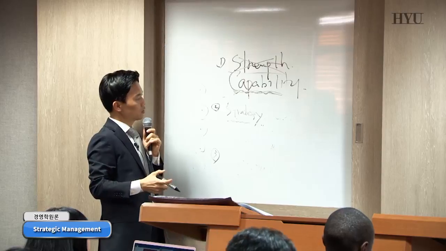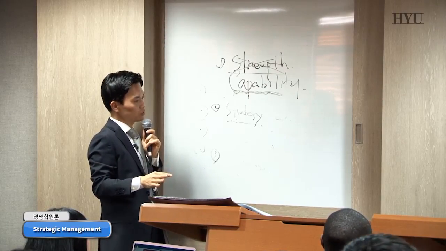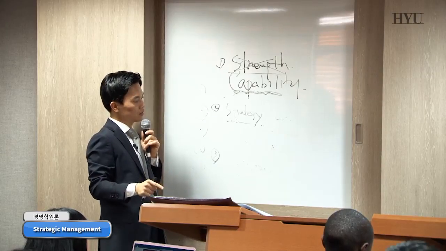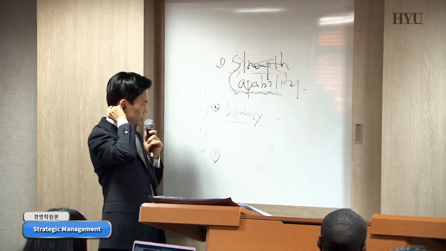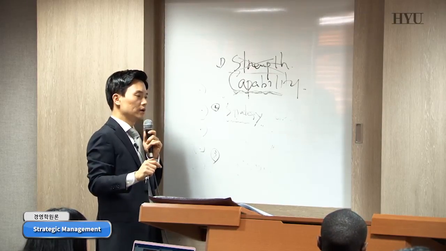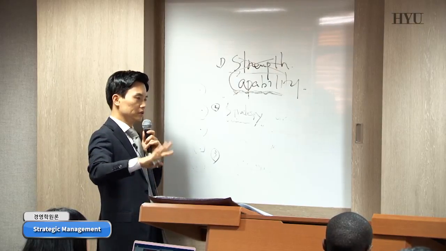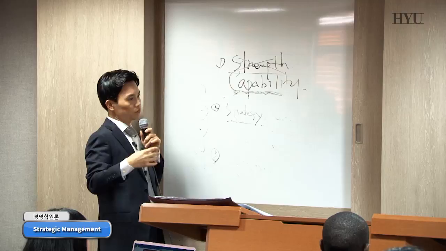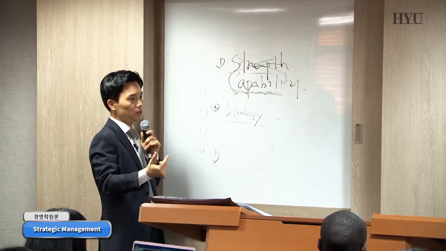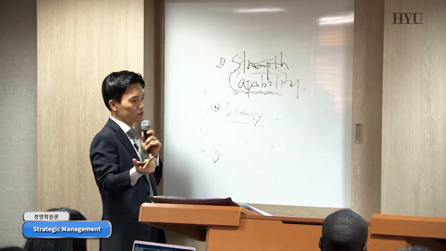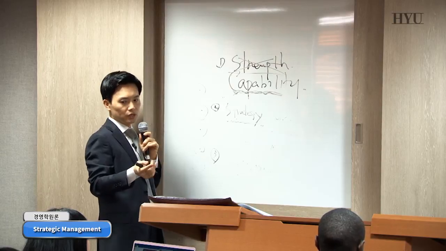The second strategy is differentiation, right? So differentiation strategy simply means that the price doesn't really matter, right? Like lots of, say, luxurious brands. The price doesn't really matter. So people are still buying it because they believe the product's quality is superior.